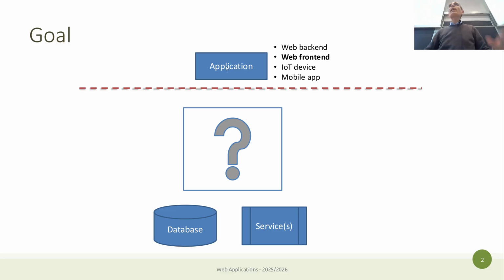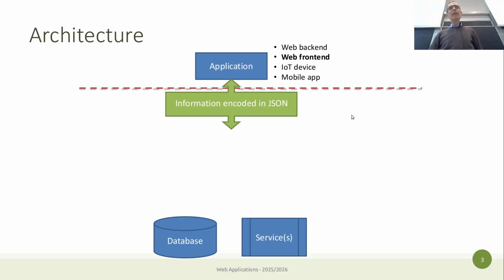The application acts as the client, can be the web front end, can be anything else, your mobile application, an IoT device, a backend as well, okay? But forget about this for a moment, okay? And we said in this course we are going to exchange information encoded in JSON. Why? Because it's simple. And it's also used in practice in many places.